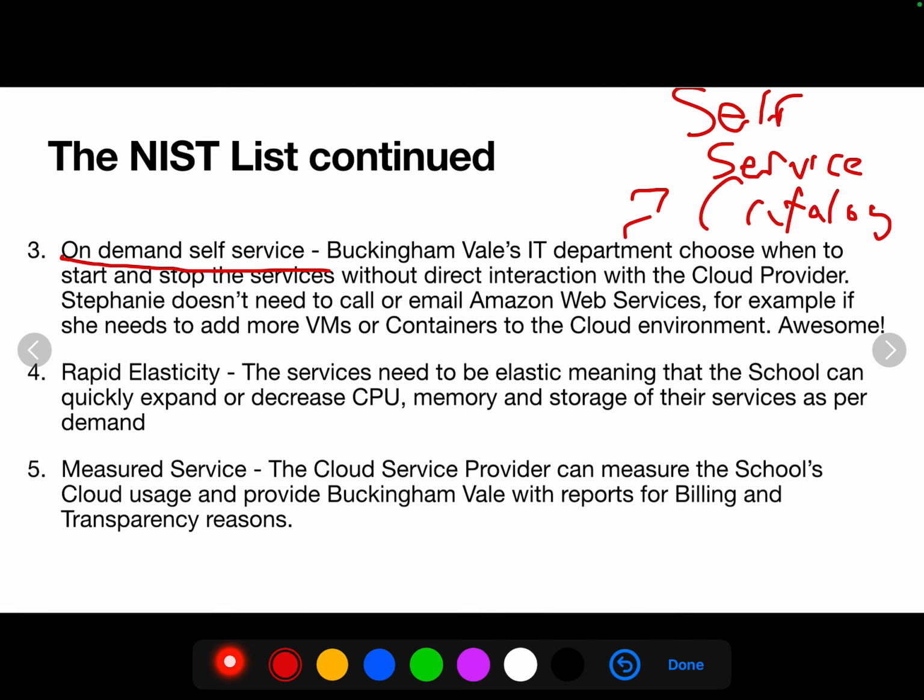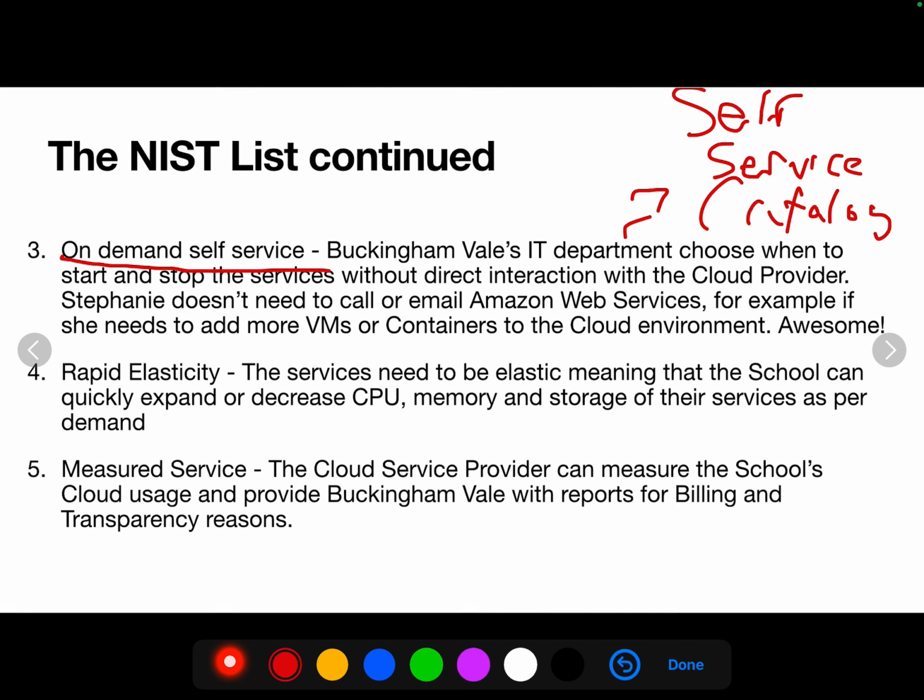So without having to go through a support team, sitting in an office at Amazon Web Services, or emailing their support teams. It makes the process much more efficient.